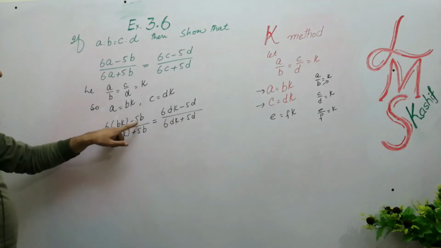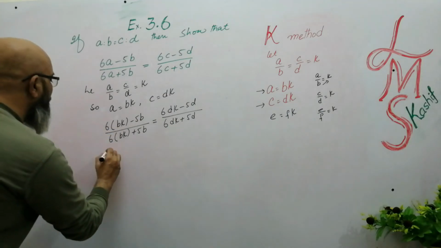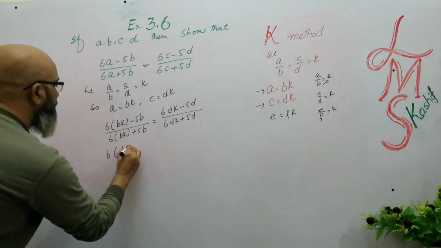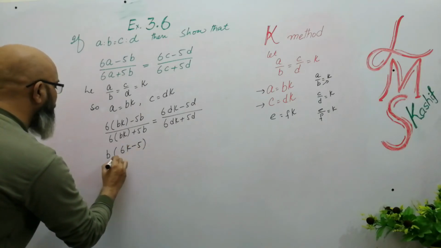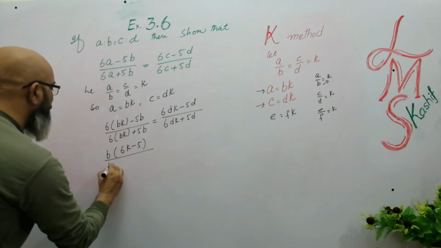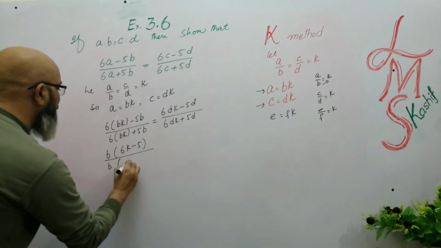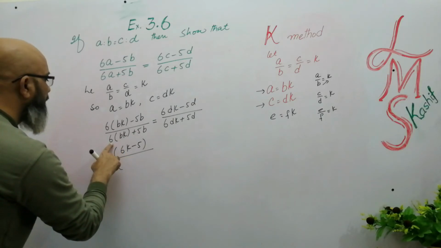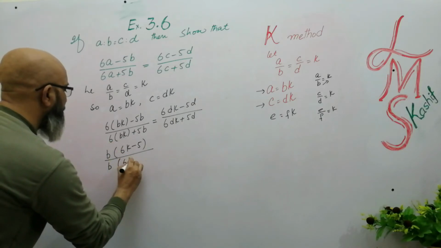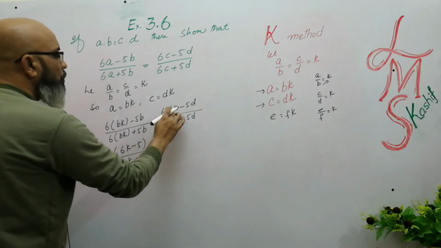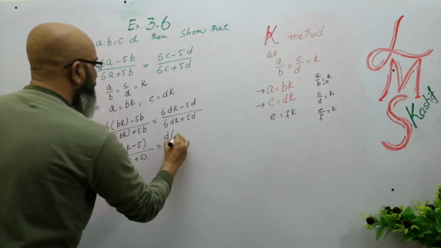So what is common here? B is common here. What we get now? 6K minus 5 divided by, what is common here, B. So what we get here, 6K plus 5 is equal to, what is common here, D is common.